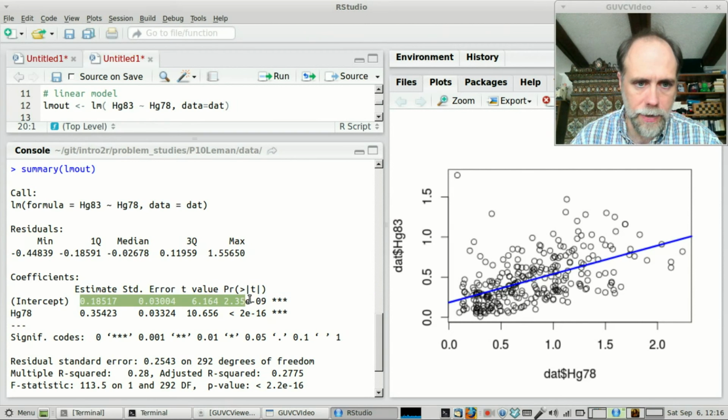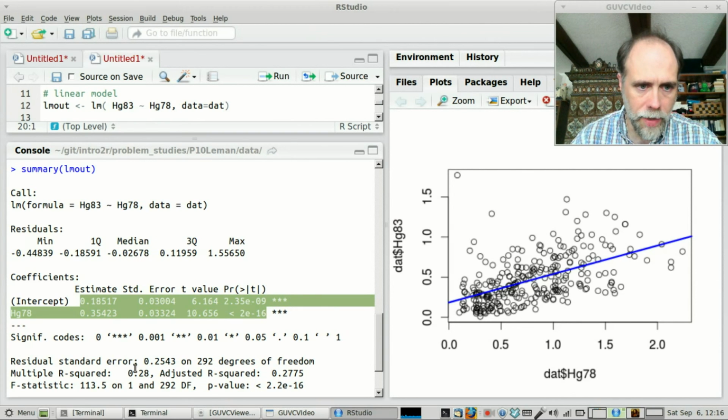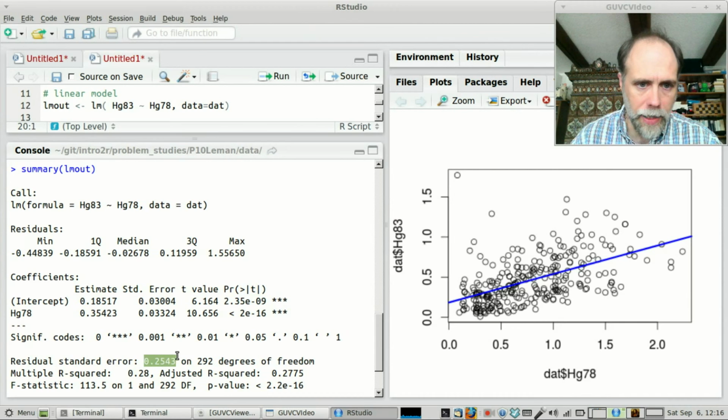We've discussed this table here. Residual standard error has also been discussed, linked to the standard error of the residuals. Okay. We'll see probably a little bit more then about the p-value here.